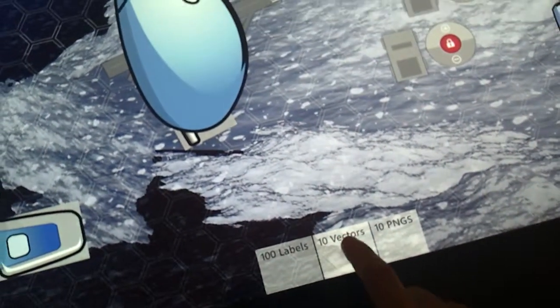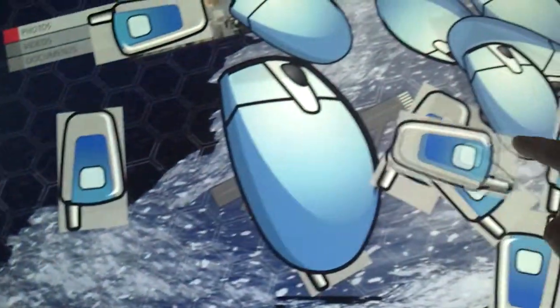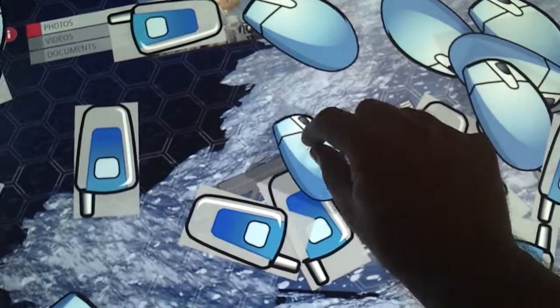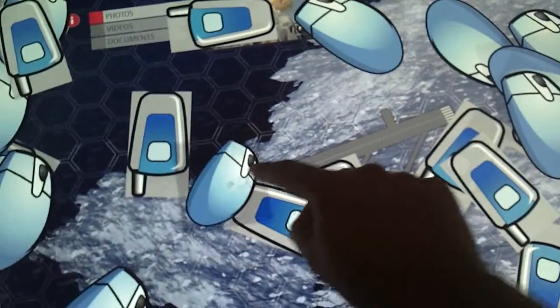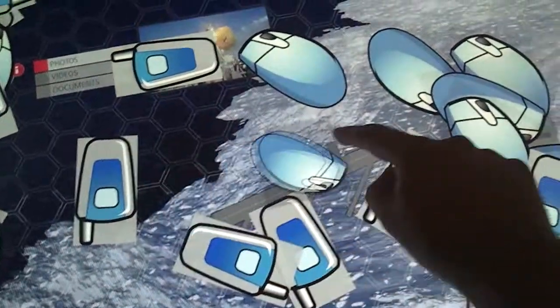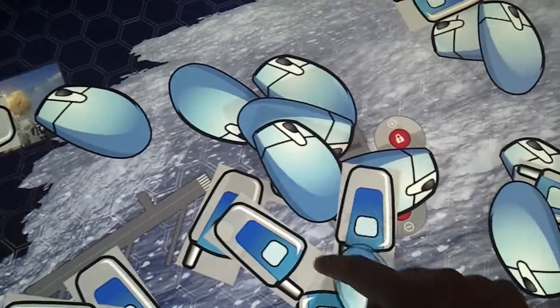So, now I have to adjust. 40. Moving it doesn't seem too bad. Maybe a little bit more lag behind my finger. Still reasonably smooth. But I'm moving it.